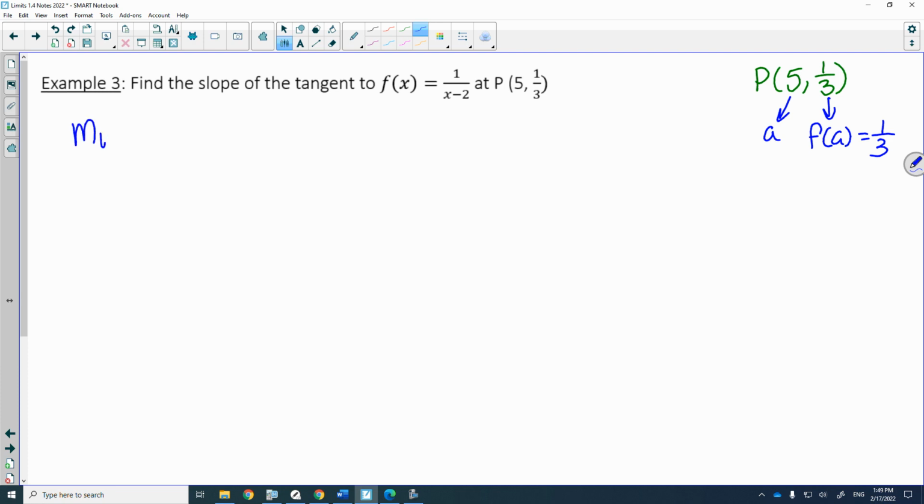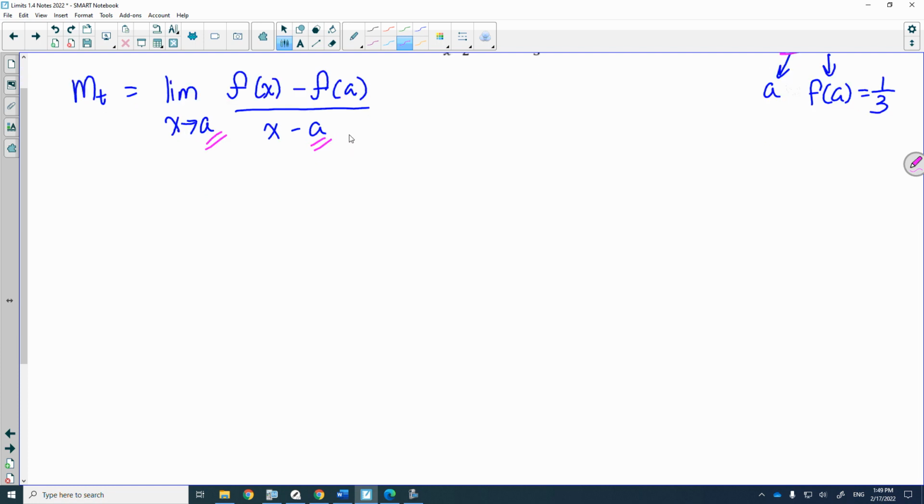The slope of the tangent is equal to the limit as x approaches a of f(x) minus f(a) all over x minus a. Again, we know what a is. We know what f(x) is. Our given function is right here. And then we know what f(a) is, 1/3.